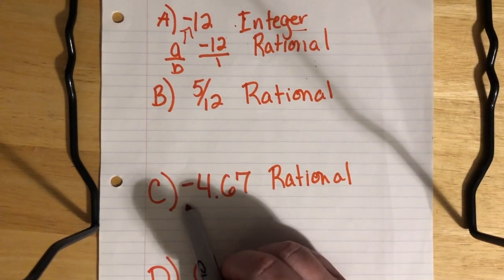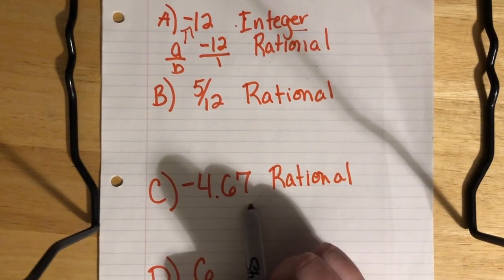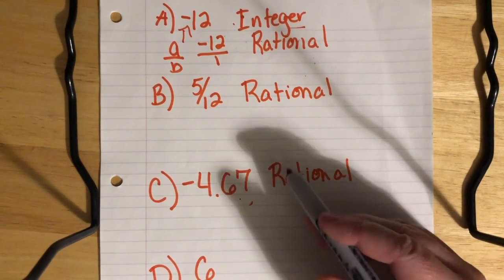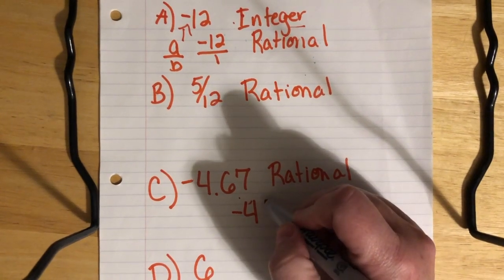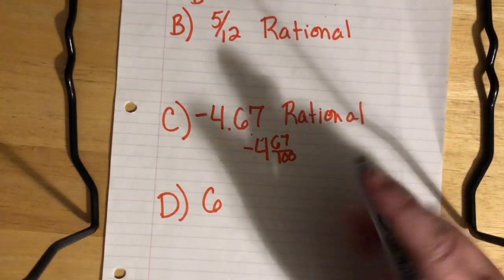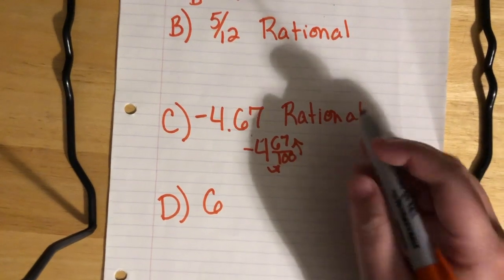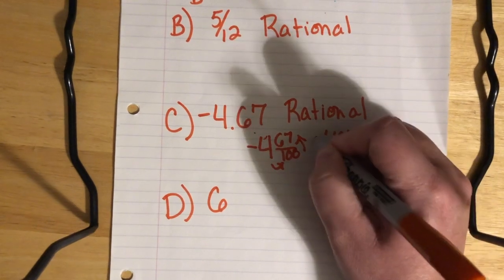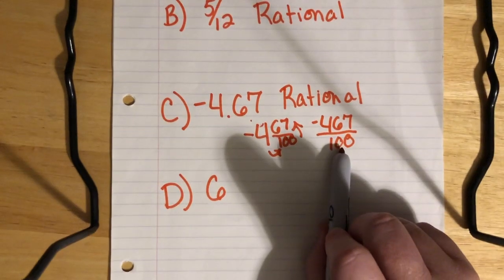It's negative, so it could be an integer, but then we have the decimal, so we're not going to qualify it as that, but we can put this in A over B. How we do that is negative 4.67, which is 67 over 100. If you remember back a few years, 4 times 100 is 400 plus 67, so 467 all over 100. It satisfies the A over B.